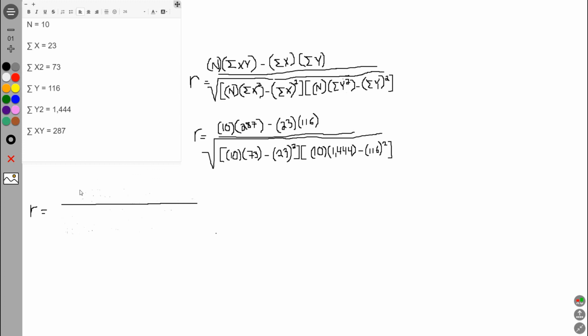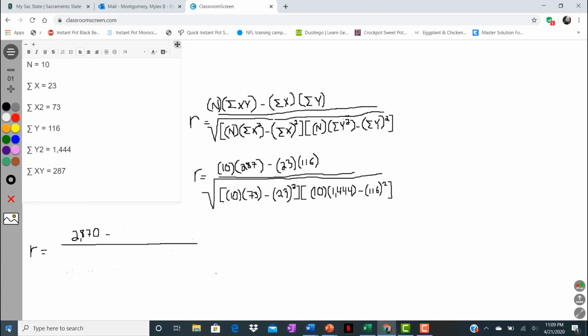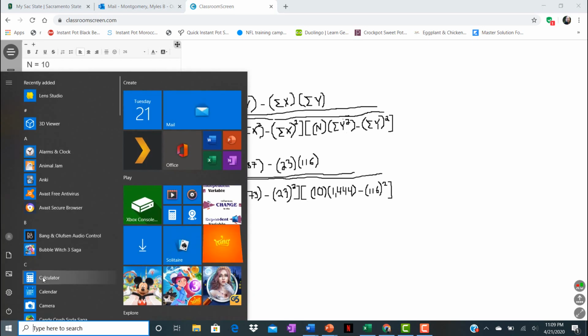Okay, 10 times 287 is going to give us 2,870. And I'll put a comma there. There we go. Minus, okay, just so we're absolutely accurate, I'll go ahead and call up the calculator.